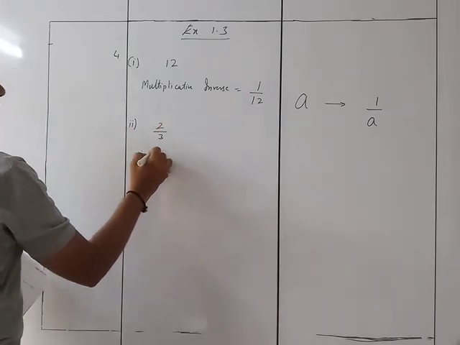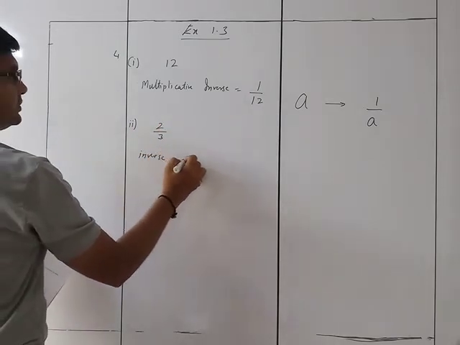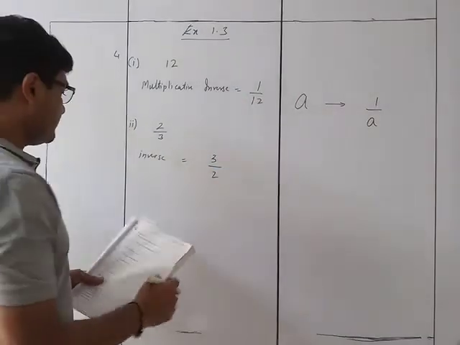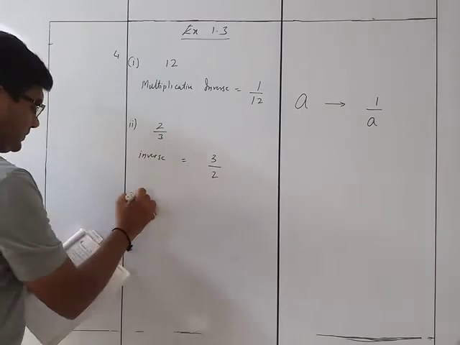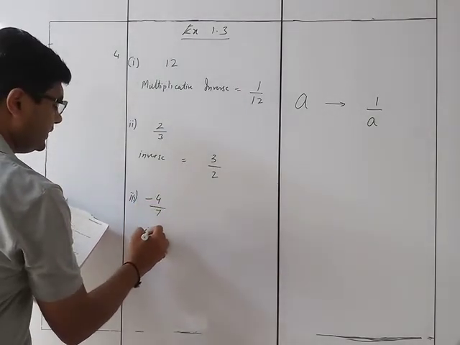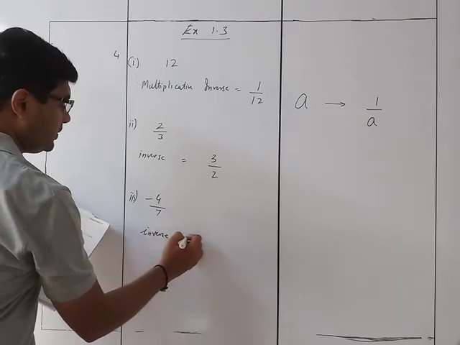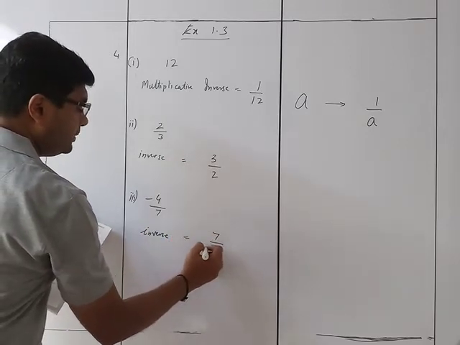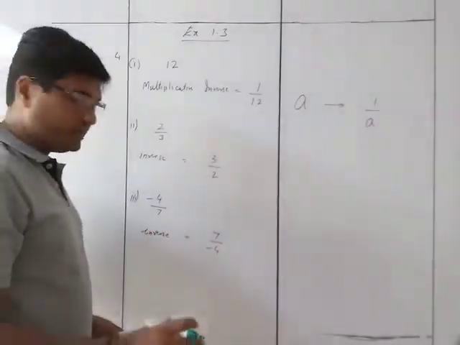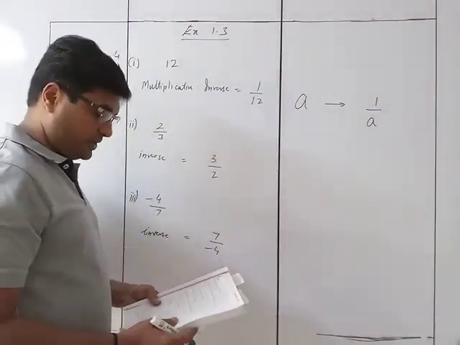So the inverse is equal to 3 upon 2. Just the reciprocal. It's very simple. The third part is minus 4 upon 7. So the inverse will be equal to 7 upon minus 4. You can also write minus 7 upon 4. It doesn't make any difference. Minus is going to be there.